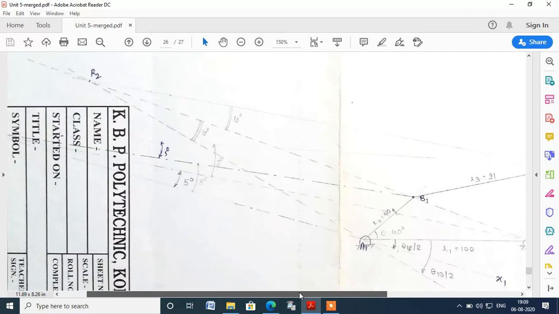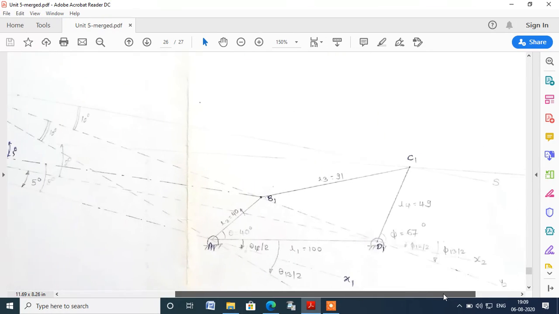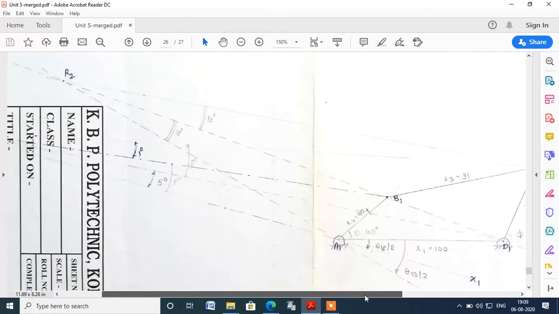Then next, from r2 b1, which you already joined, measure the angle a1 r2 and y2.